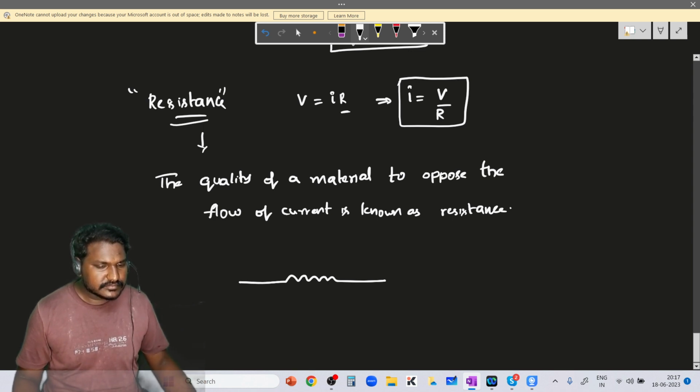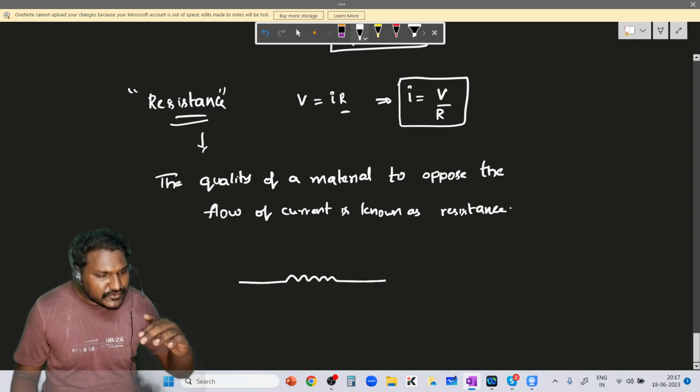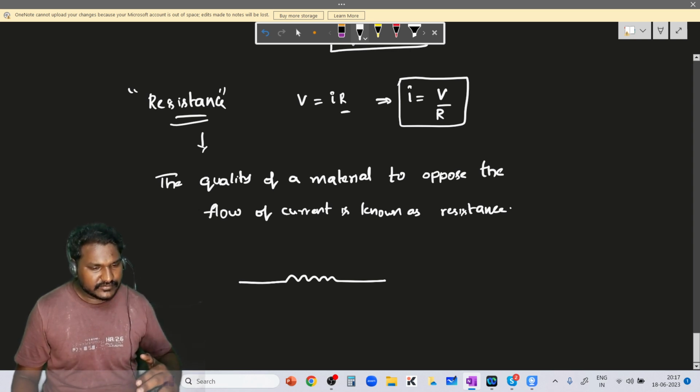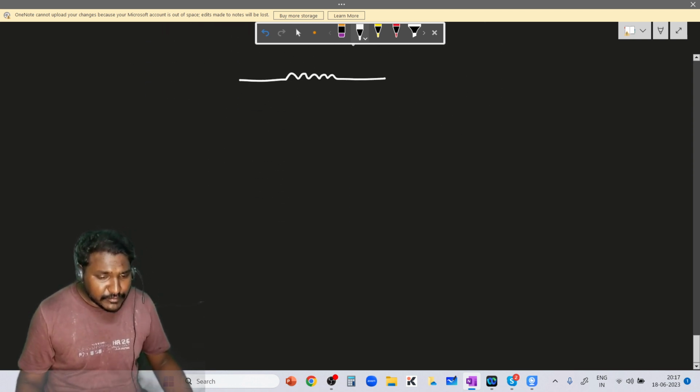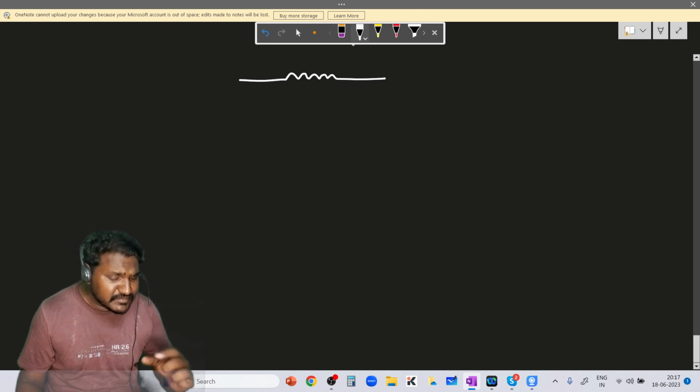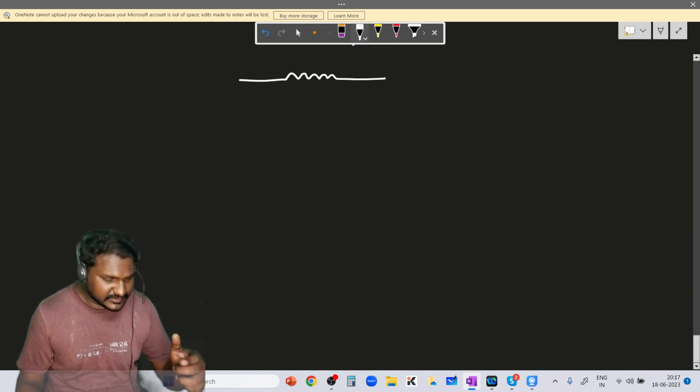To slow down the car. It is not making the car or bike come completely to rest, but rather to reduce speed. In the same way, the symbol of resistance is very much related to a speed breaker.